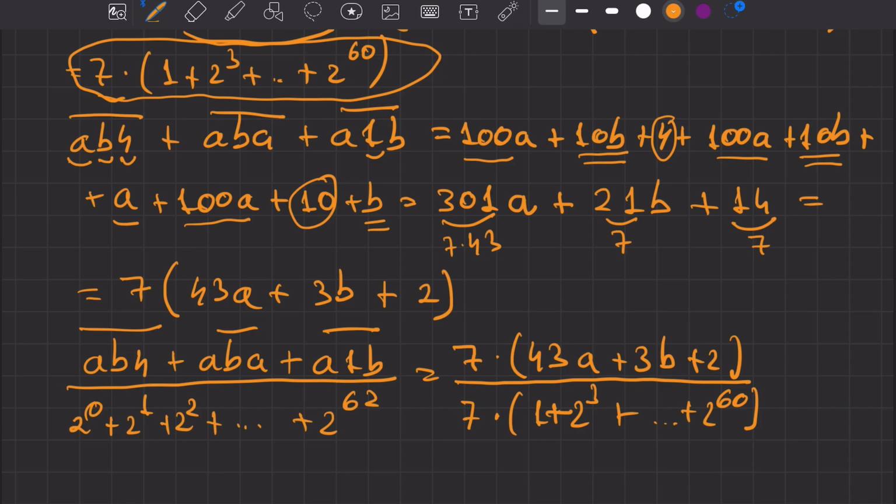So we just proved that the fraction can be simplified by 7.